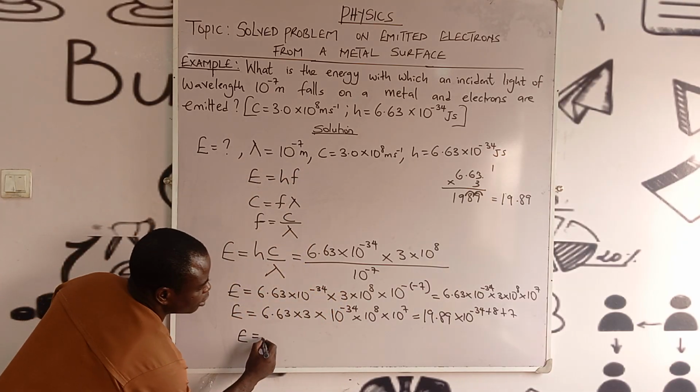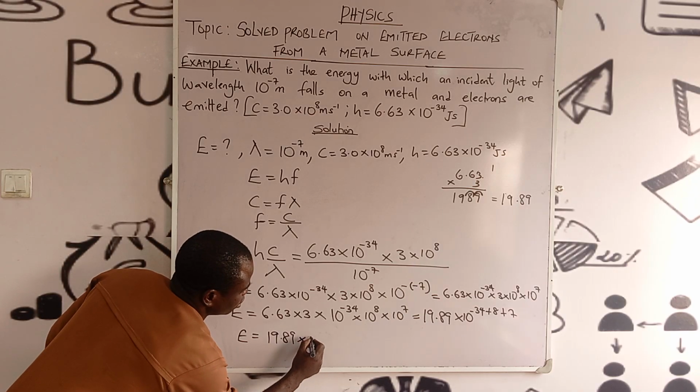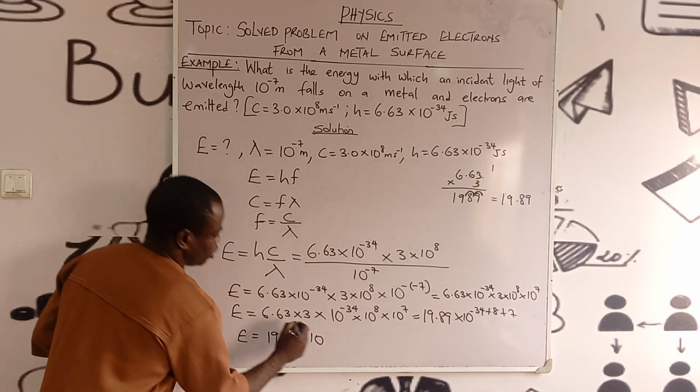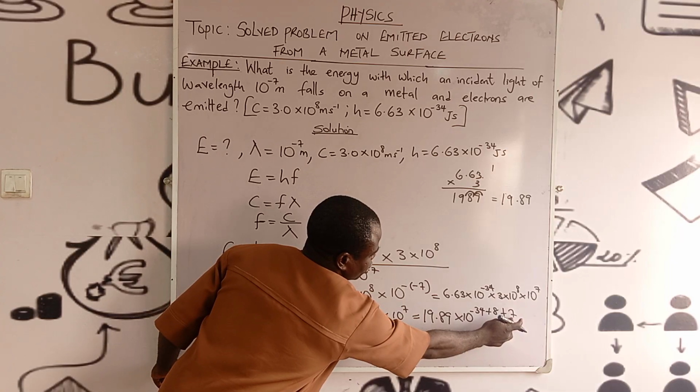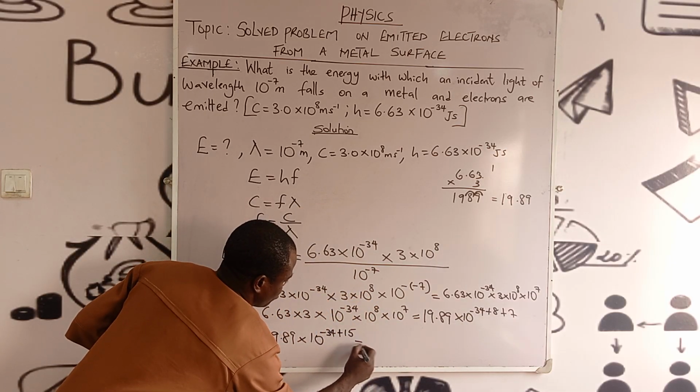Now the energy is 19.89 times 10 raised to power minus 34 plus 15, since 8 plus 7 is 15.